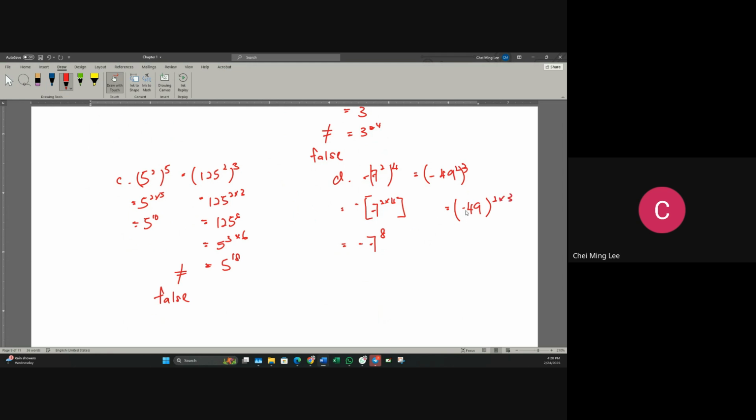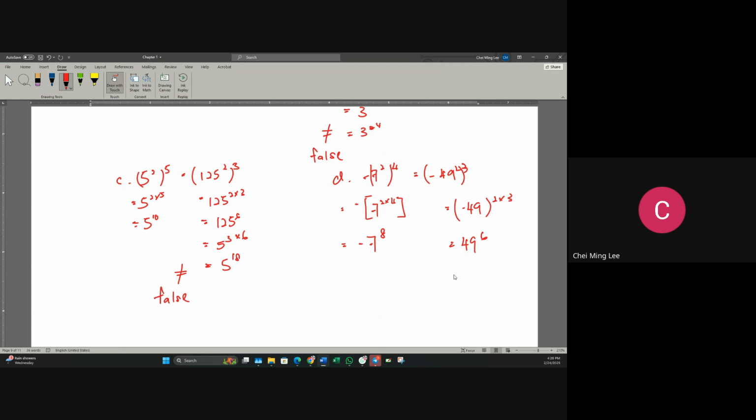You see, when negative 49 power of 2, it means negative 49 times negative 49, correct? So negative multiplied by negative is positive. So that's why it becomes positive, which is 49 power of 6.